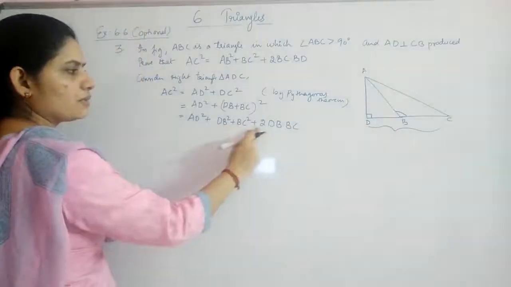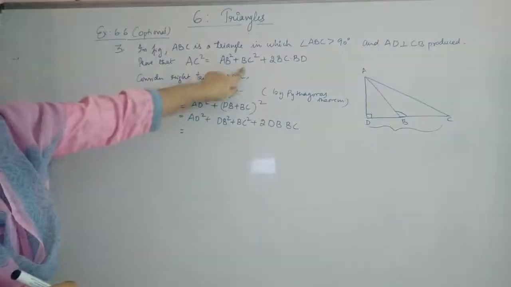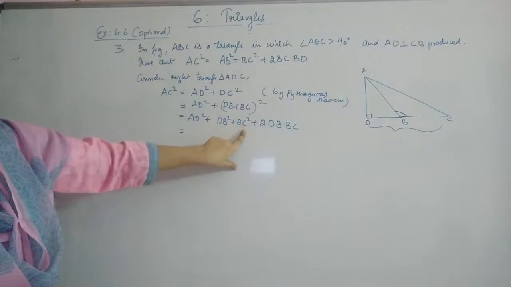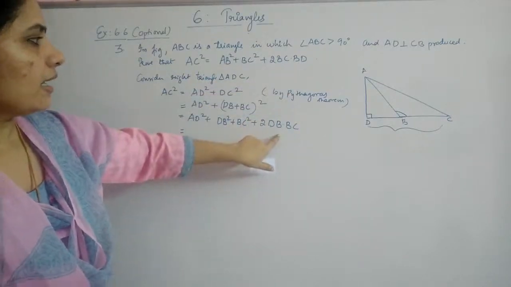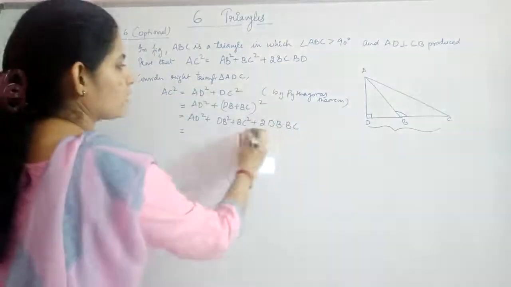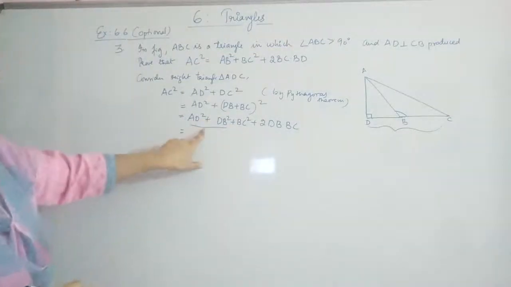A square plus B square plus 2AB. Now you can just see the question. You have BC square as a term, so let it be there. DB is same as BD and BC you have. So these terms are okay. Now we need to just replace these two terms.